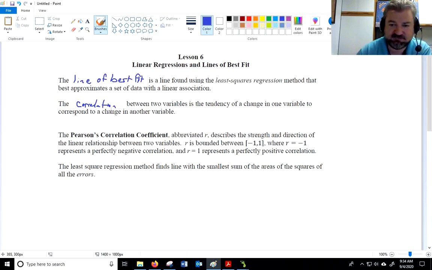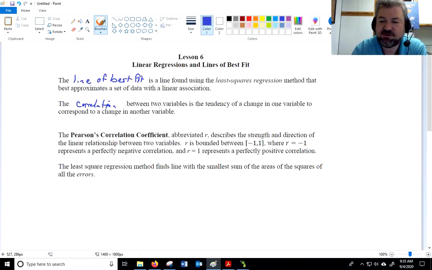The correlation is the tendency of a change in one variable to correspond to a change in another variable. There are other ways to find a line of best fit than the least squared regression, but the least squared regression technique is by far the most popular and accepted method.